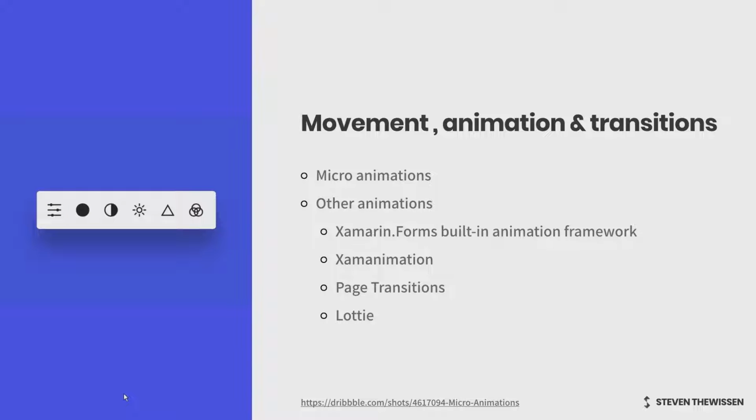If you want to look at movement, obviously, also very important because it spruces up your app quite a bit. So for example, micro animations. They're basically just small functional animations that you see on the left side here that support the user by giving them some sort of visual feedback to display changes to your interface more clearly.